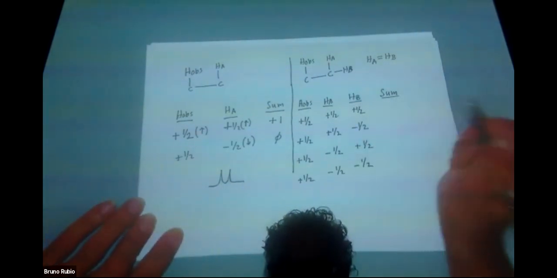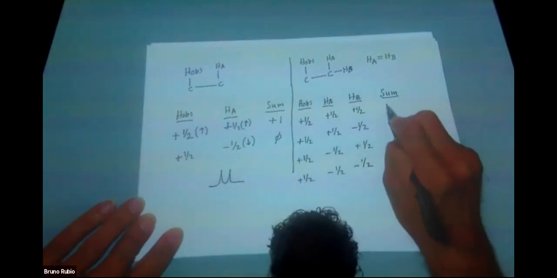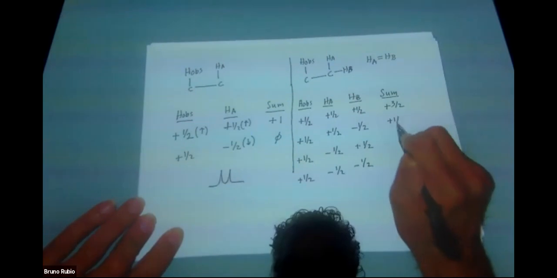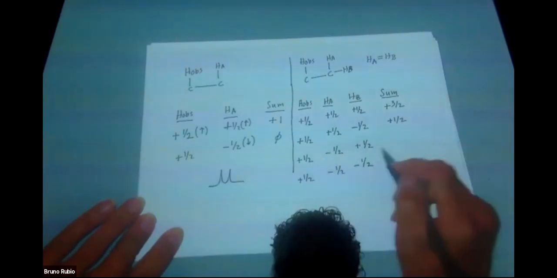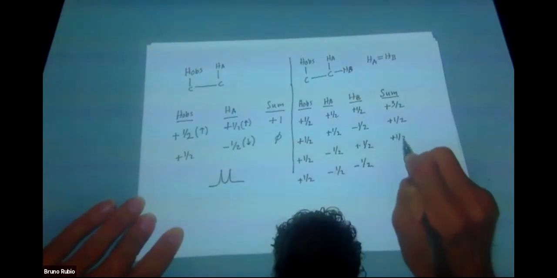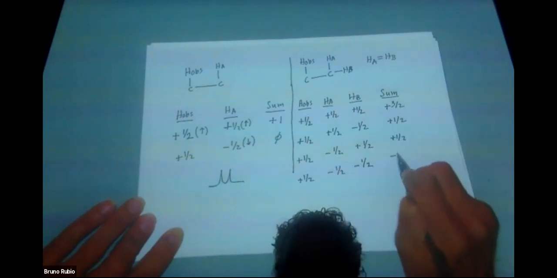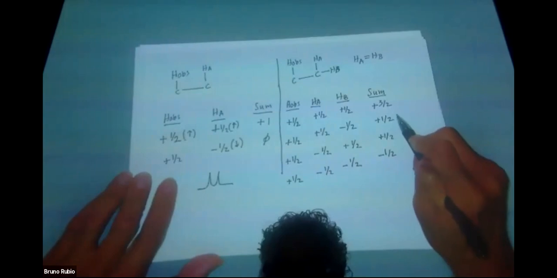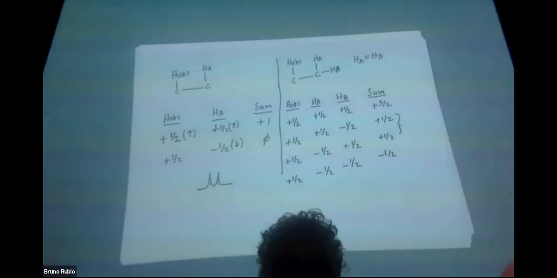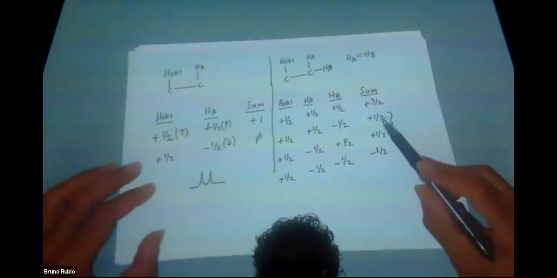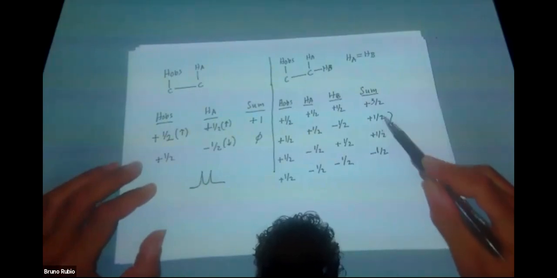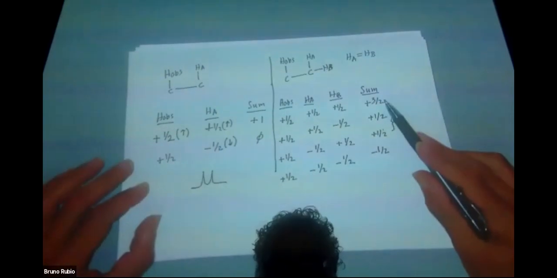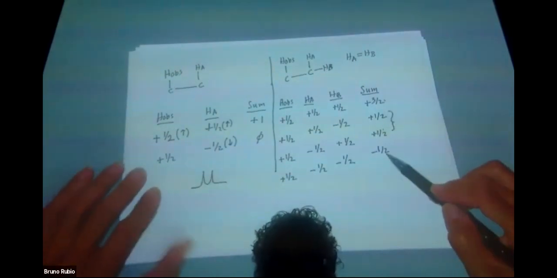The sum is going to be, this adds up to plus 3/2. This one adds up to plus 1/2. This one also adds up to plus 1/2. And this one adds up to minus 1/2. And so what we see is that this one happened twice. So this magnetic microstate is twice as likely as either the one on the top or the one on the bottom.